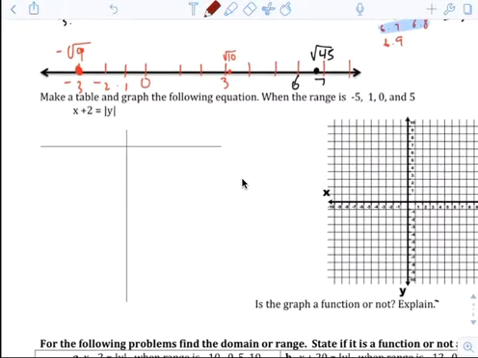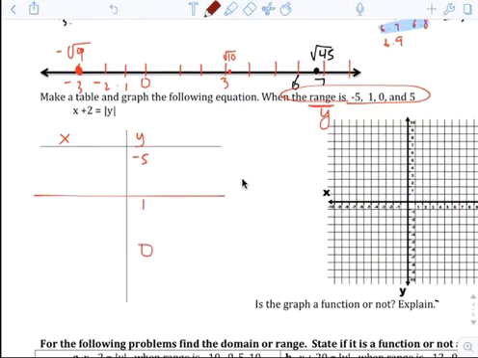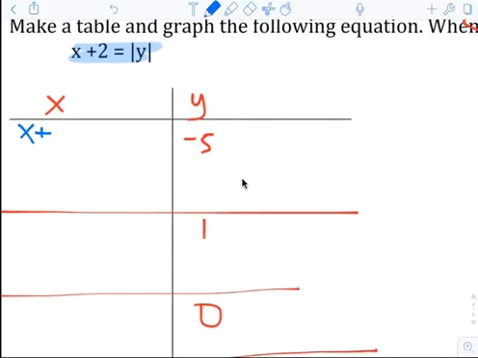Make a table and graph the following equation when the range is this. Range is y. So here's x, here's y. They're giving you all the range: -5, 1, give yourself room to show work, 0, 0 doesn't require much work, and 5. So you got your equation: x plus 2 equals the absolute value of y.